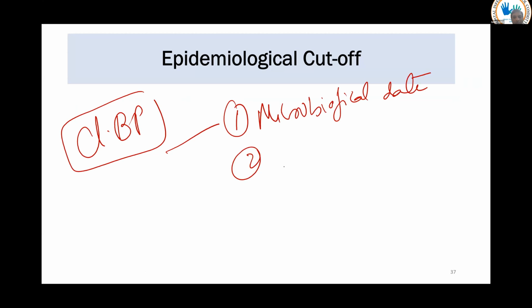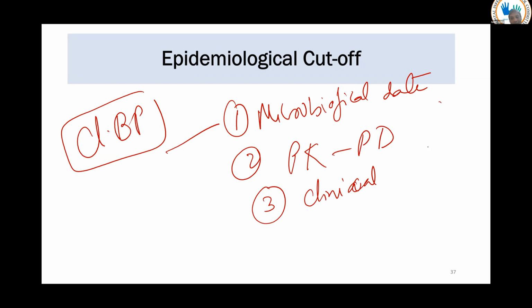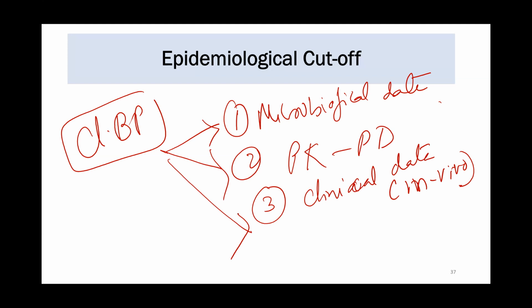Parameter two is PKPD parameters are available, that is pharmacokinetic, pharmacodynamic parameters. And third is clinical data, that is in vivo data, that it works inside the patient. If all these three data are available, then you can establish the clinical breakpoint.